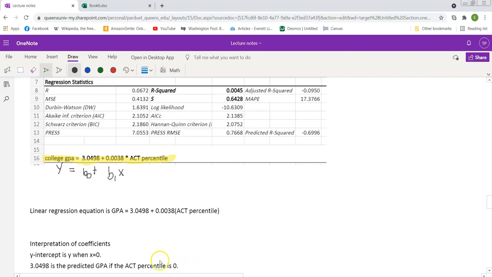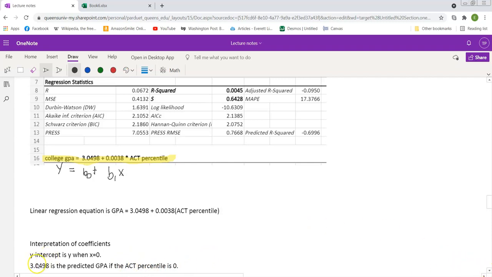And there's really no such thing as the 0th percentile, but if there were, this would be our predicted college GPA. And if you think about it, 3.0498 is a pretty high GPA for the lowest possible ACT score. So that's another indication that this is not a great predictor.